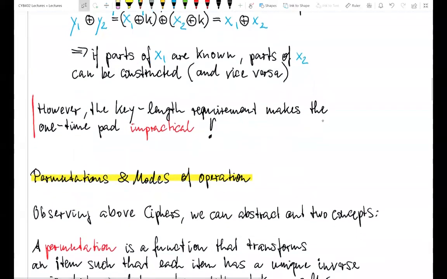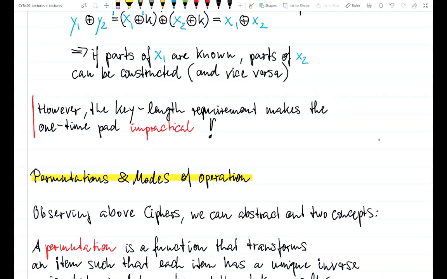So why don't we just use this one-time pad all the time? Because it's absolutely unbreakable. Well, the thing is that it's impractical. And the sole reason actually is that the key is as long as the plain text. So basically you double the data volume.